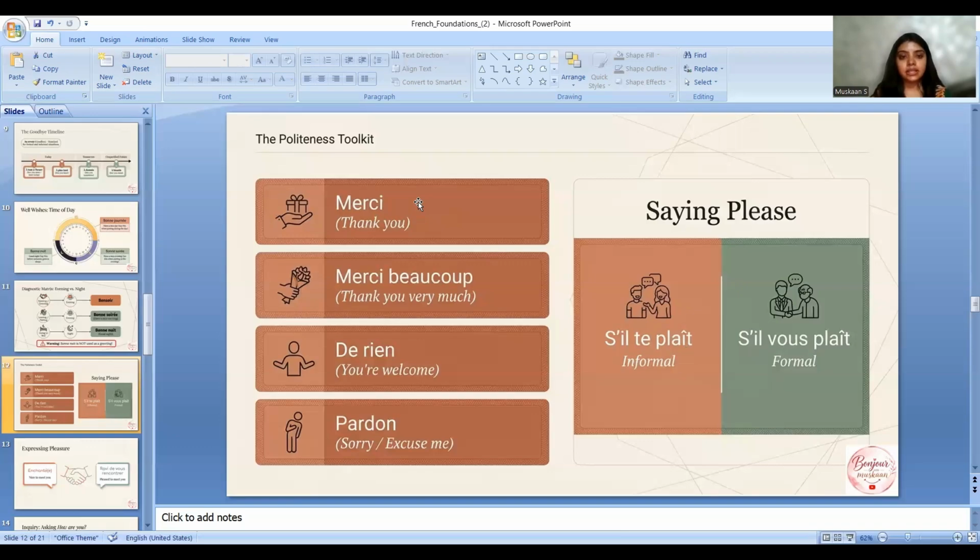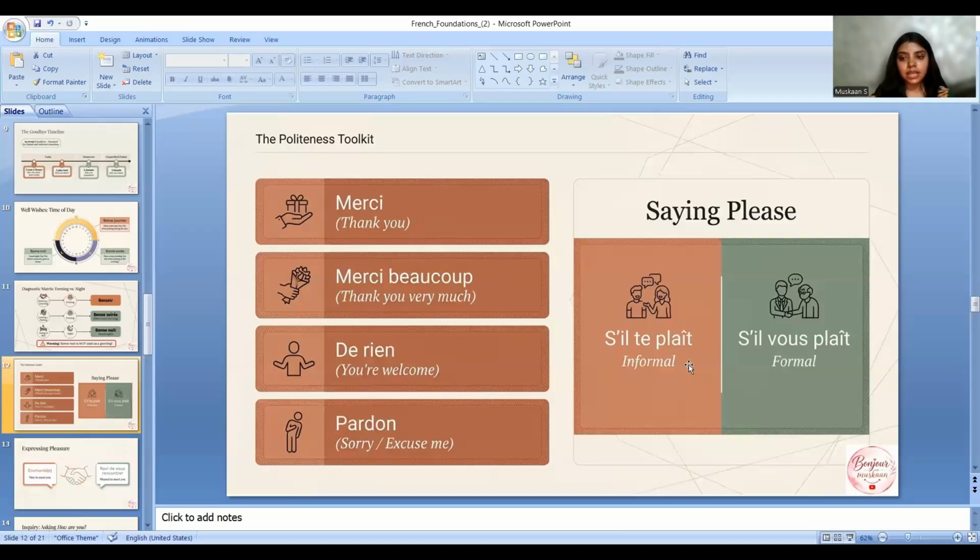Now let's see some other words. One is merci, which means thank you. Then merci beaucoup means thank you very much. Then de rien means you're welcome. Pardon means sorry or excuse me.